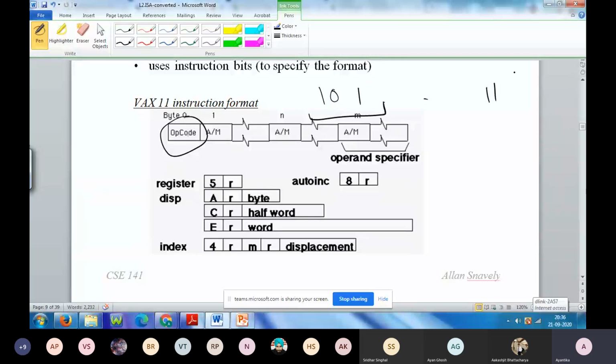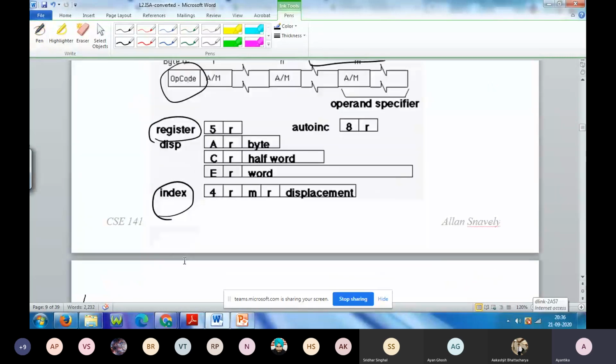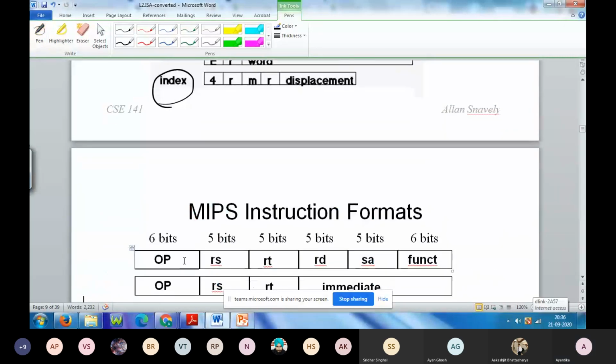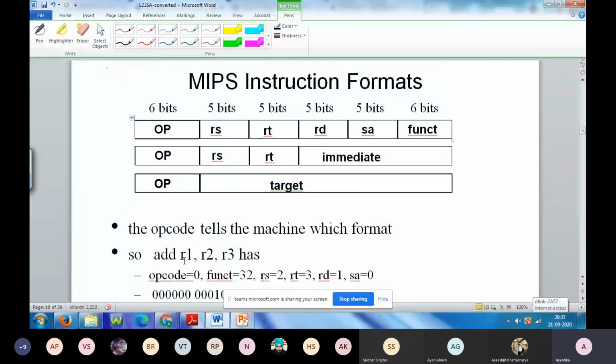In some bits, it will give the address of your operands from where you will fetch. In some cases, it will give an index. But everything is dependent on these types of MIPS instruction formats. So we have considered 3 types of instructions.